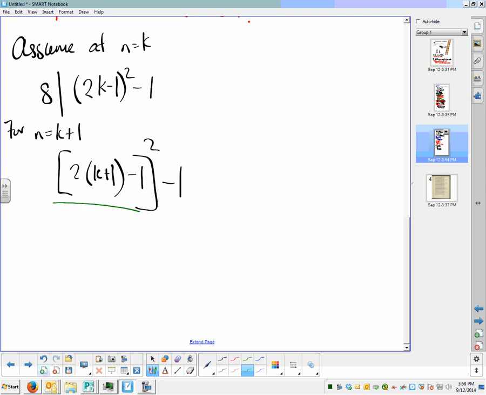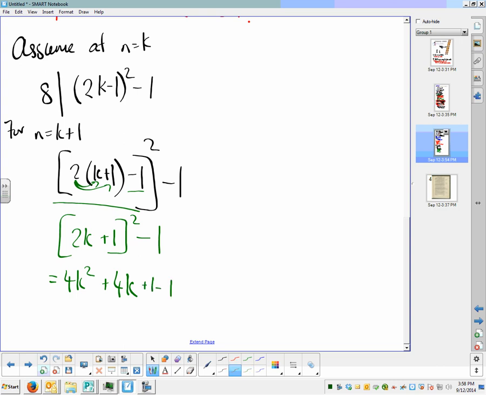Simplify out this bracket. I'm going to get 2k plus 2 minus the 1, which is plus 1, squared minus 1. And if I square out that bracket, I get 4k squared plus 4k plus 1 minus 1, which obviously is 0. How does that help?